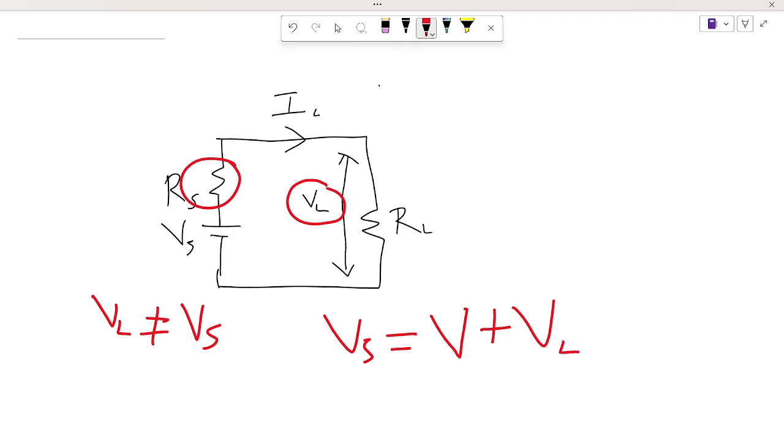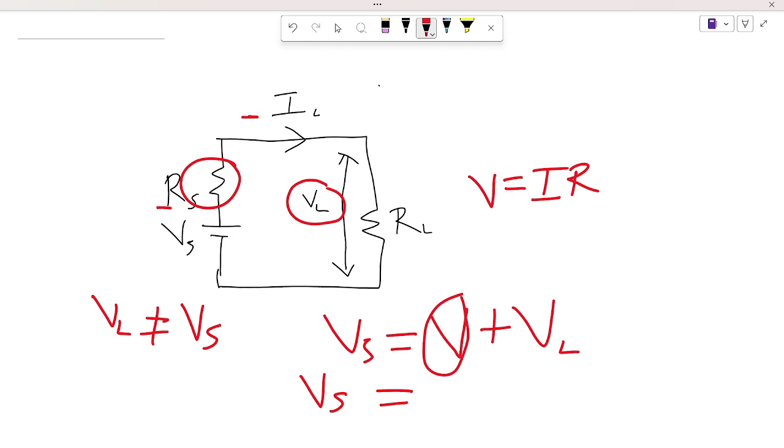So that's VL. So in this case, to find our V, according to Ohm's law, V is always equal to IR. So in this case, our Vs is going to be equal to, we are going to expand this V. That V is going to comprise of the internal resistance and the current. So we are going to have our IL times our RS, then plus our VL, that's the voltage across the load.